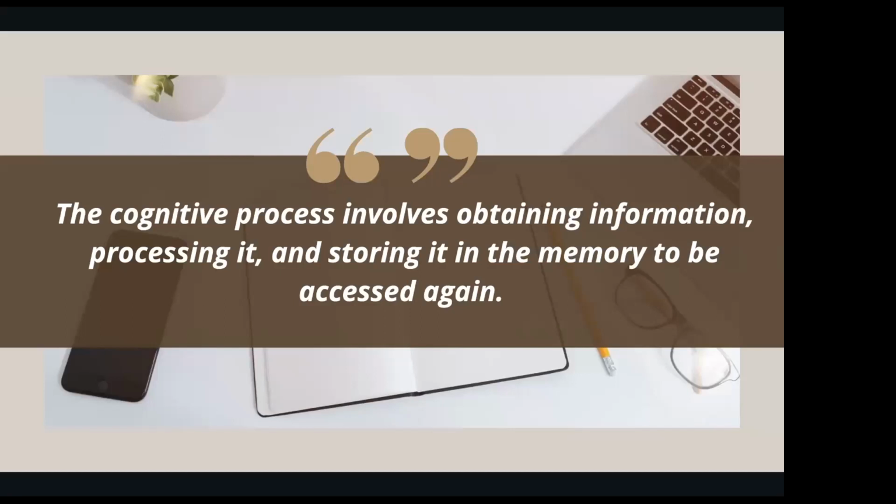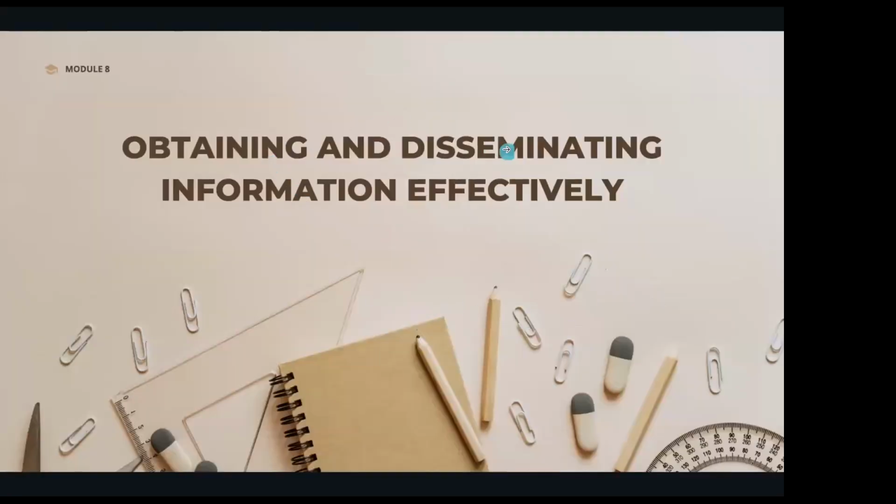All right. When it comes to disseminating information, it is equally important in every area to be able to influence people's behavior. So what we have said, obtaining and disseminating.